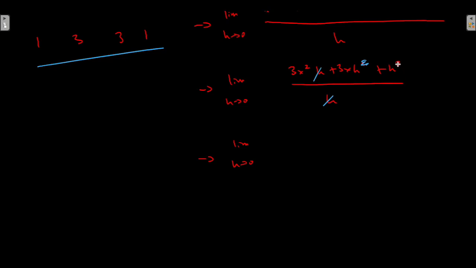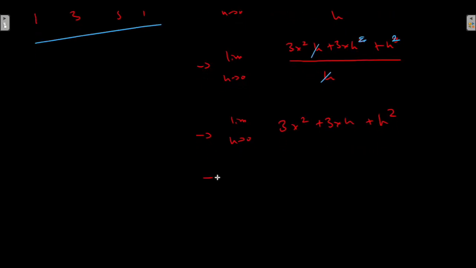We get 3x squared plus 3xh plus h squared. And then now we can use direct substitution. h is 0, so this becomes 0, this becomes 0, and we're left with 3x squared.